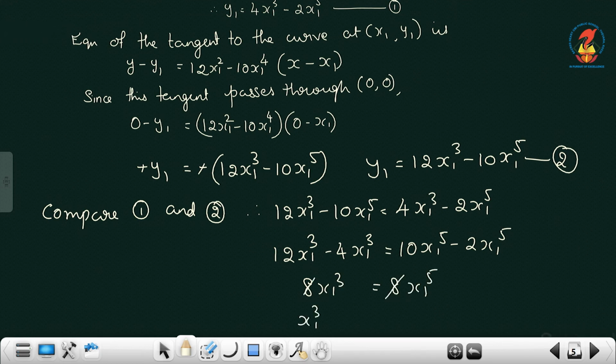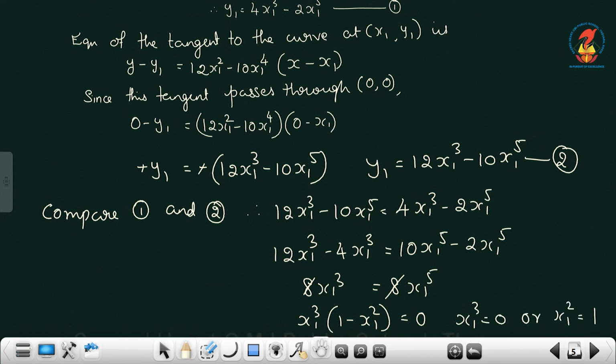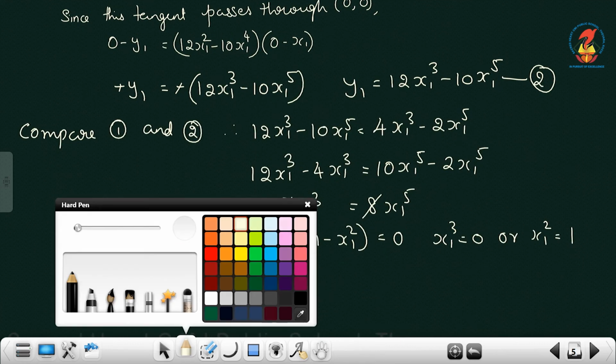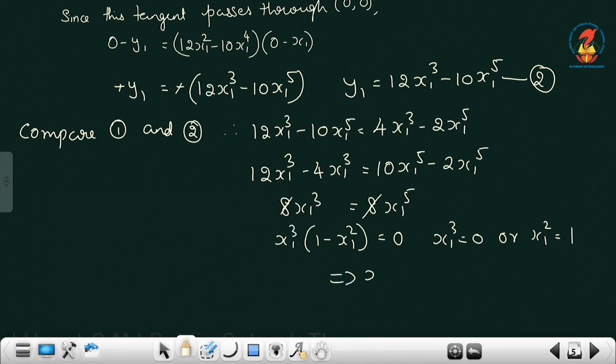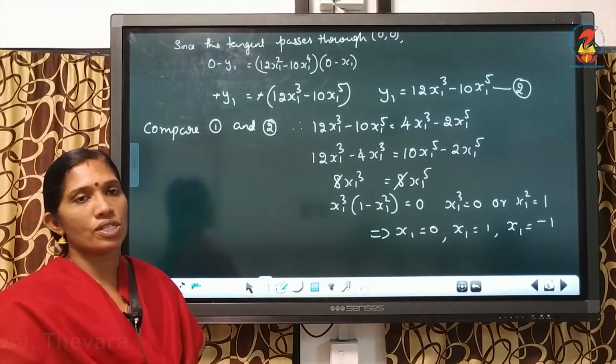So x1 cube we can take outside. So x1 cube into 1 minus x1 square is equal to 0. So x1 cube equal to 0 or x1 square is equal to 1. So what are the values of x1? Which implies x1 is 0 or x1 is 1 or x1 is minus 1. So we have 3 values for x1.